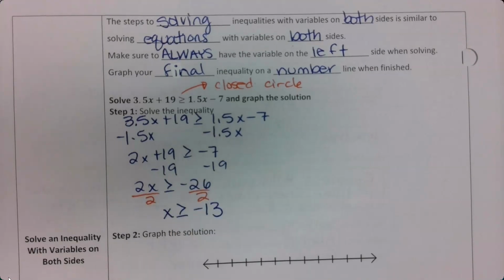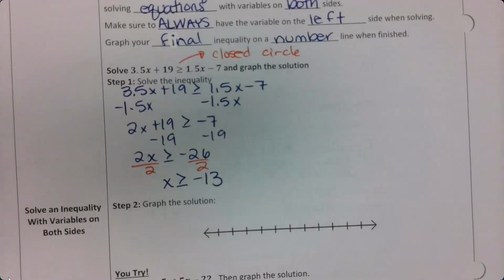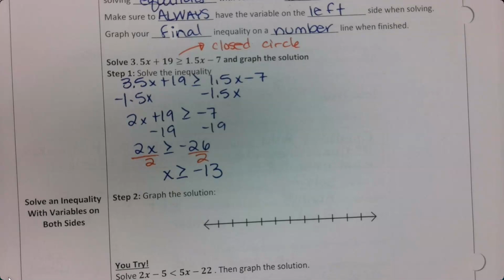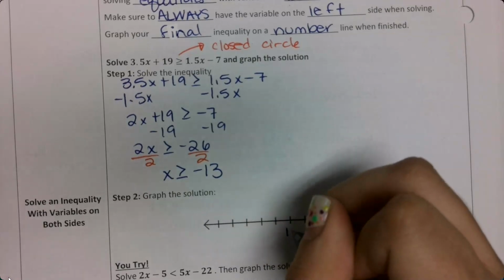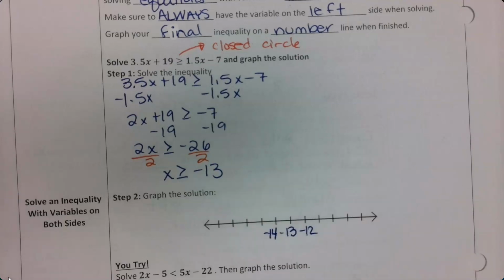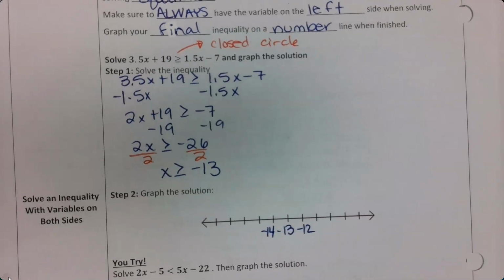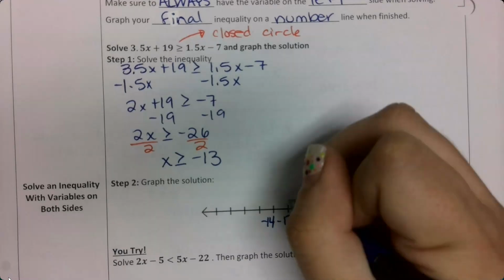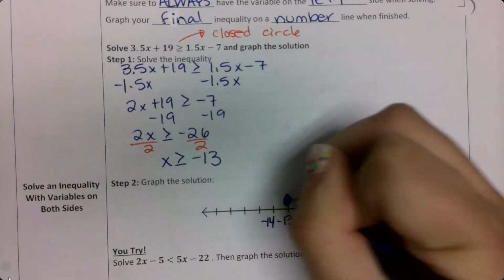Greater than or equal to? So I want to go ahead and graph this on my number line. What kind of circle did I say I was going to use? Closed. And which way is my arrow going to go? To the left or the right?